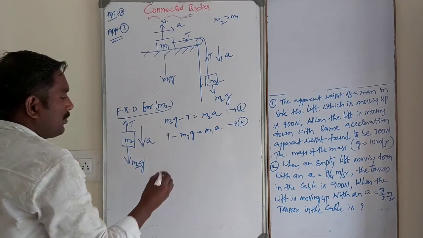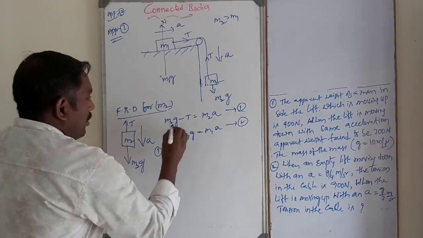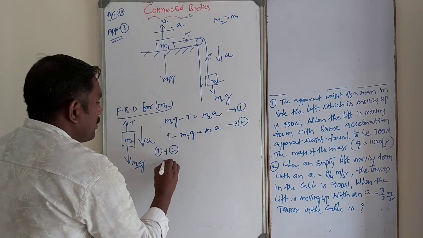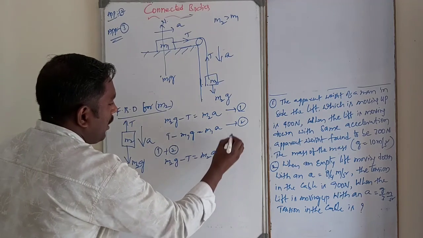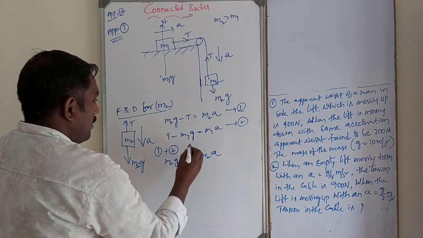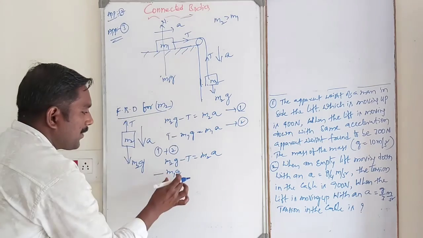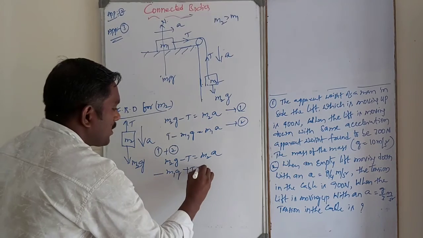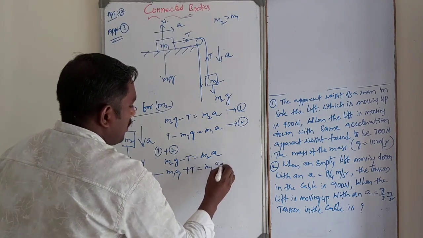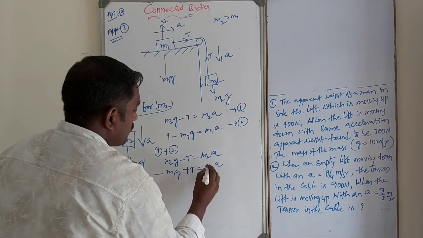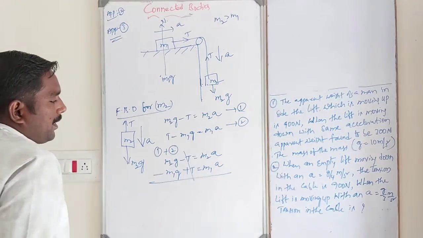So adding 1 plus 2: m2g minus T is equal to m2a, and minus m1g, plus T is equal to m1a. So minus T plus T cancel.